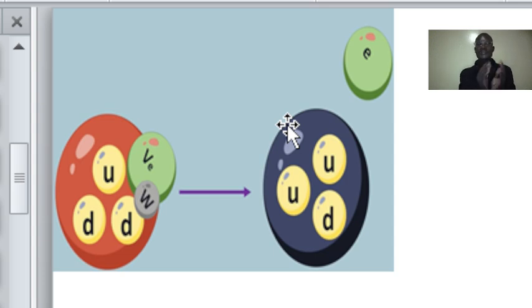This application is very important, particularly in treatment in the oncology centers, and even in imaging, because the gamma radiation being released has high penetration.